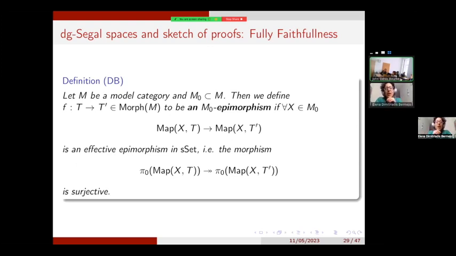So if we have M a model category and M0 a subcategory of it, we define F to be an M0 epimorphism if for all X in M0, the morphism, like the π0 of the maps, is surjective in simplicial sets.